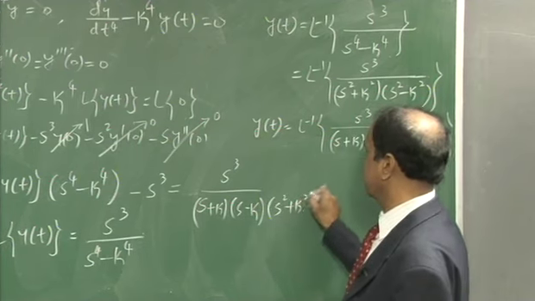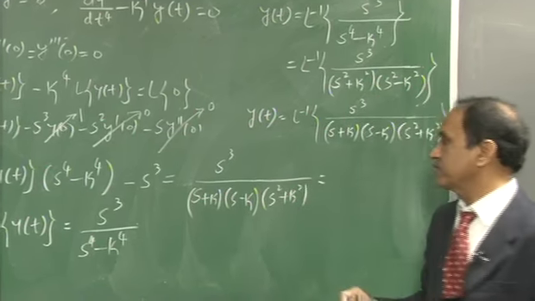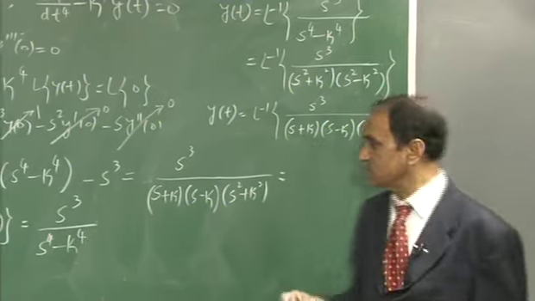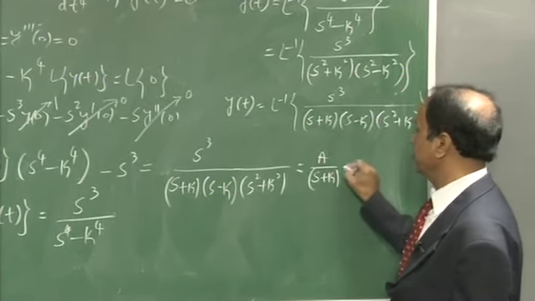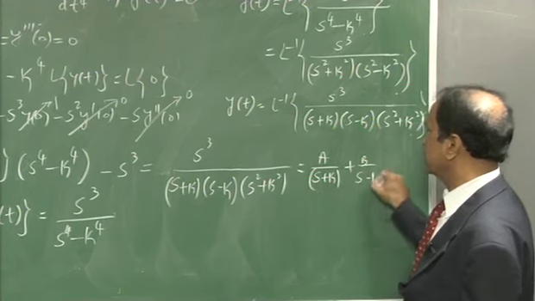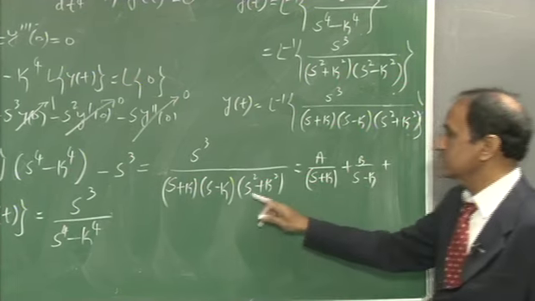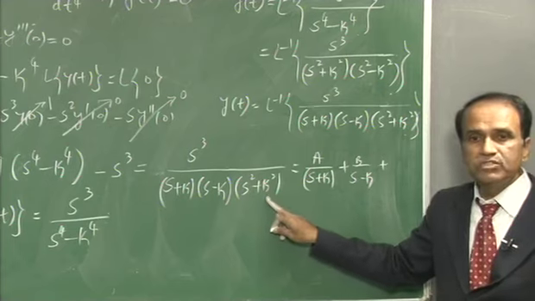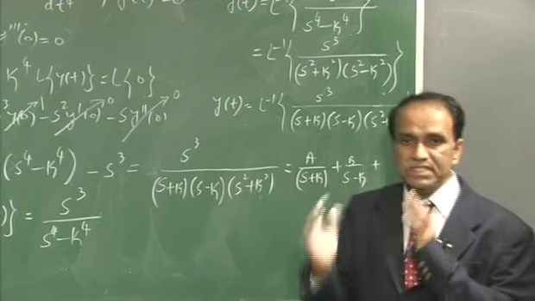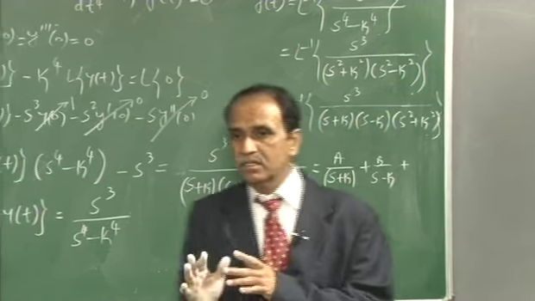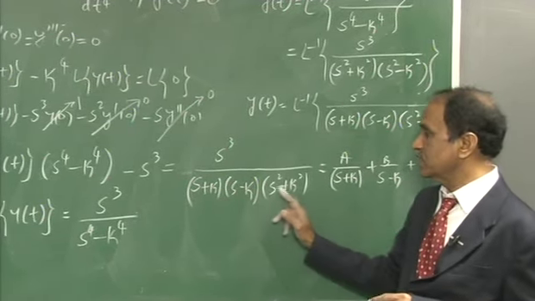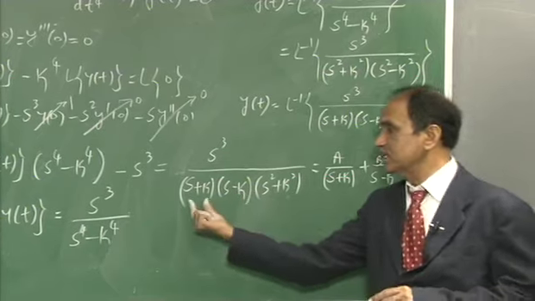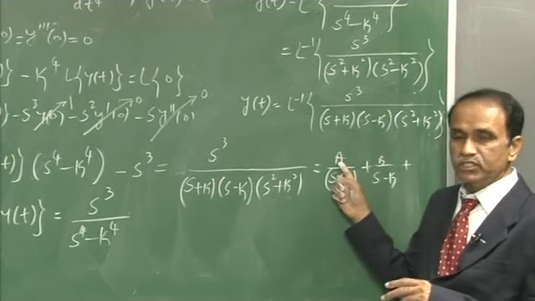You can put it like this. Then s cube by partial fractions, s plus k into s minus k into s square plus k square, will be further resolved into partial fractions in this way: A by s plus k, plus B by s minus k, plus this is a quadratic factor. How are we going to write it? Whenever a linear factor is there, you assign one constant in the numerator.